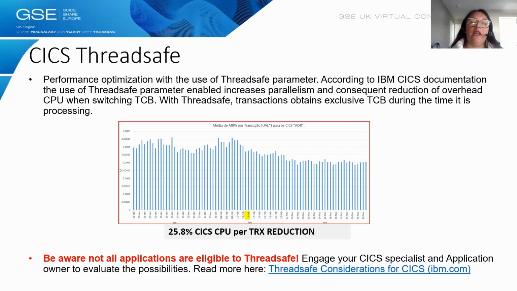Okay, so make sure you engage your application team, your CICS specialist, but if the main transactions are eligible for thread safe, go for it. The numbers that I have from experience in the accounts that I worked was 25% CPU reduction per transaction. It's huge.